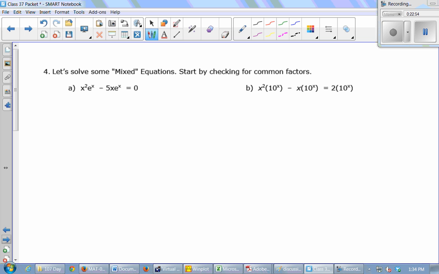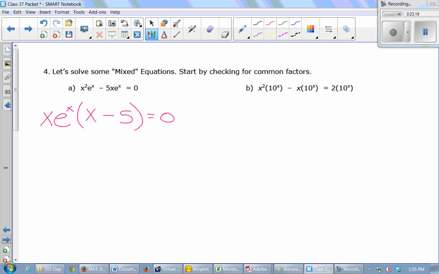So I have an x in both and an e to the x in both, so I'm going to factor it out, or reverse distribute it out. If I have x e to the x, what should I put here so that when I distribute it, I'll get an x squared e to the x? It would be an x. And over here, I just would have minus 5 equals 0.